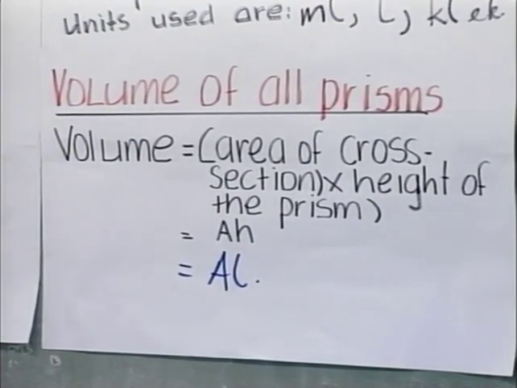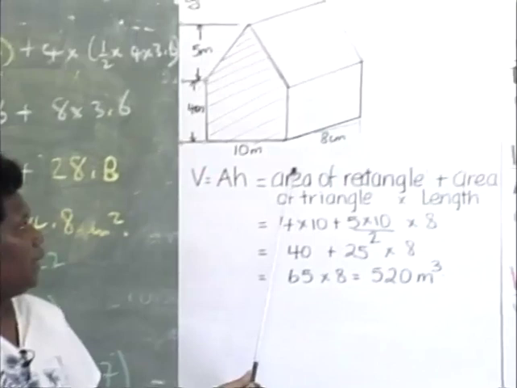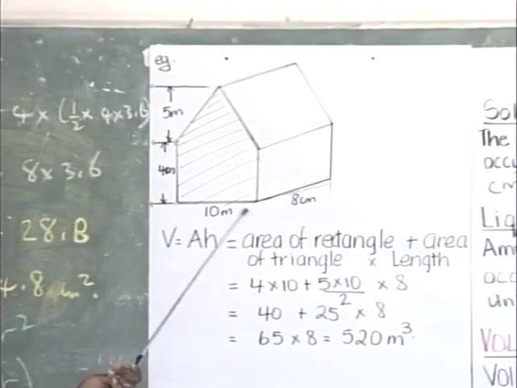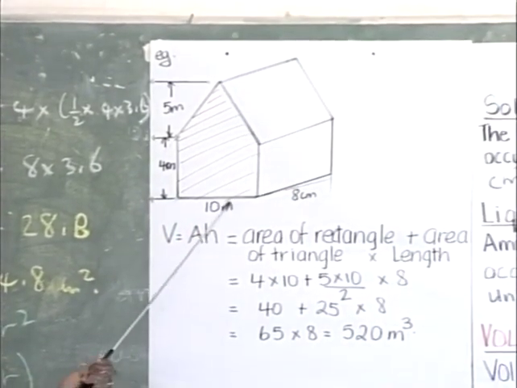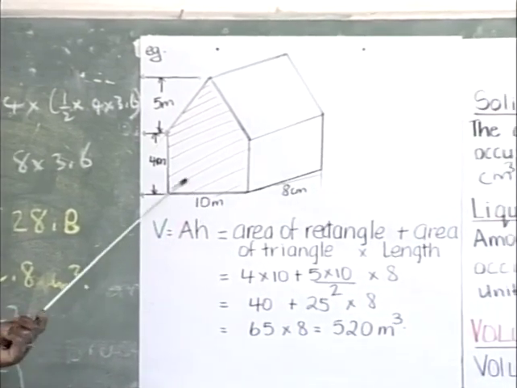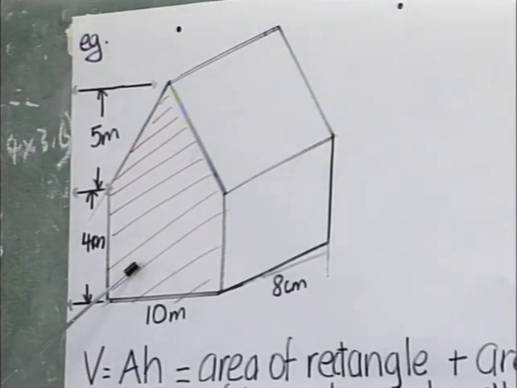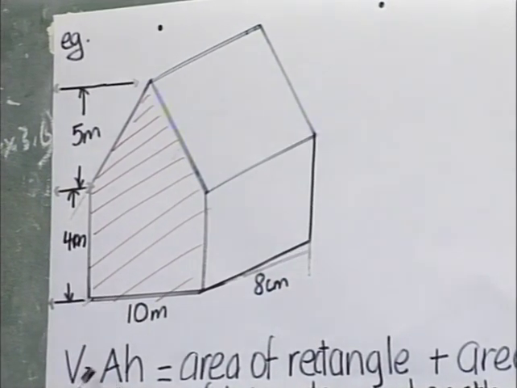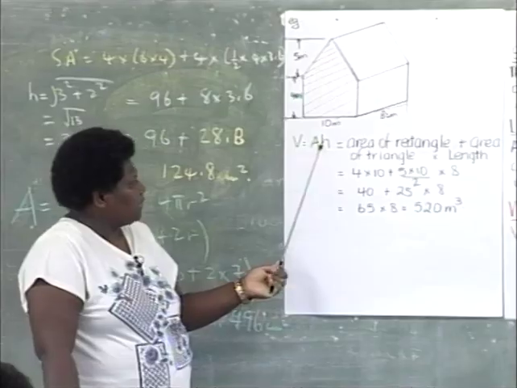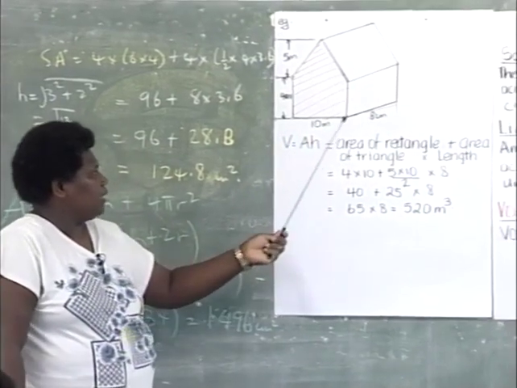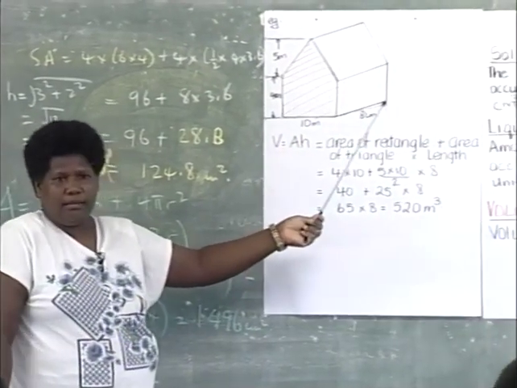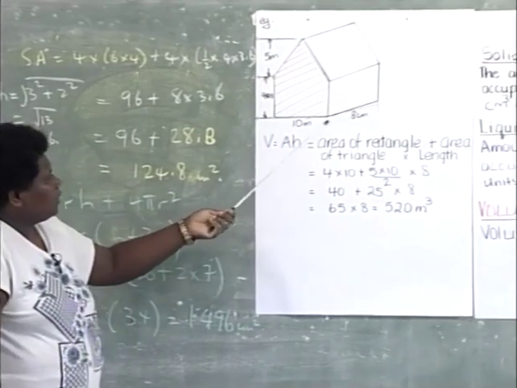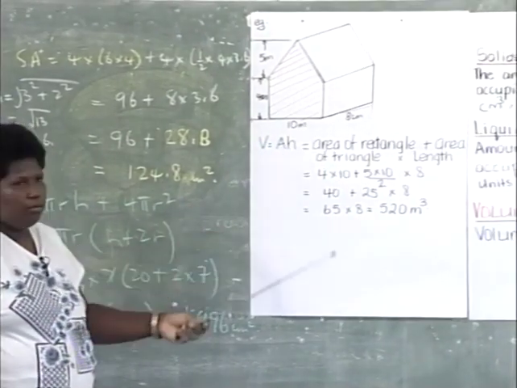Okay, I've just done an example here on a very irregular solid, and I've shaded the cross section of the solid. The volume is equal to A times H. Instead of H, the length here is 8, because it must be a model of a house, I don't know.